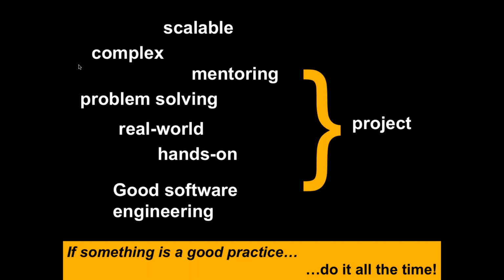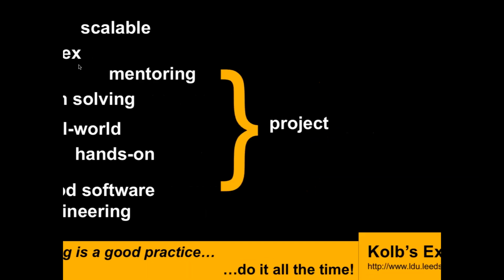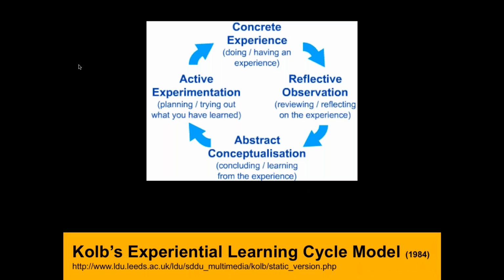So with that said, the software enterprise model that we use is inspired by educational literature, so we can always go back to what theory it is inspired from. Basically it uses Kolb's experiential learning cycle model, which was published in 1984.